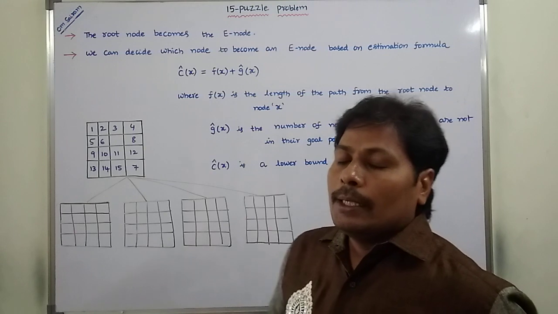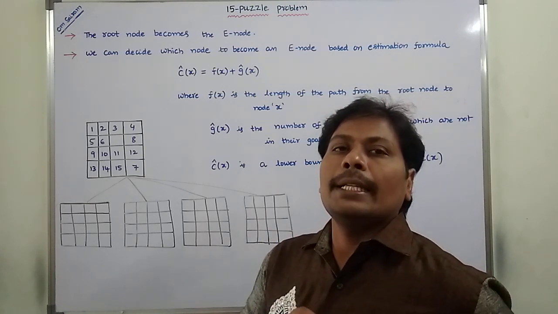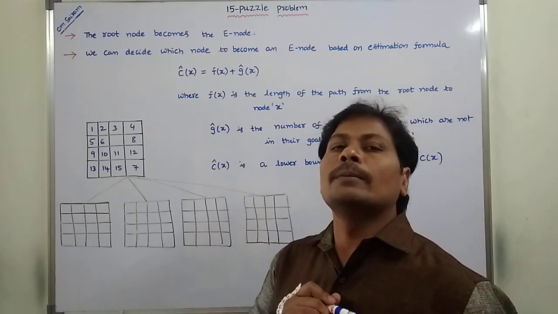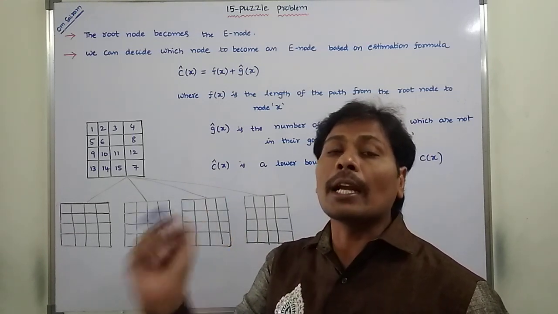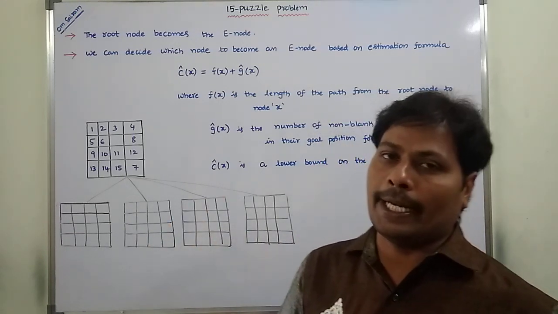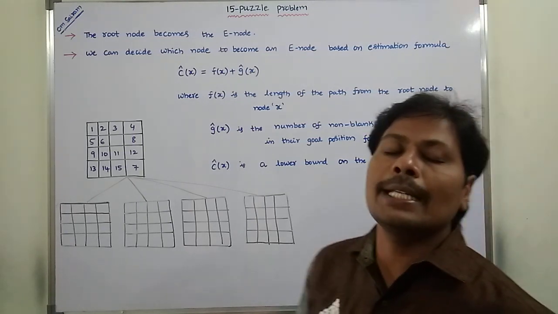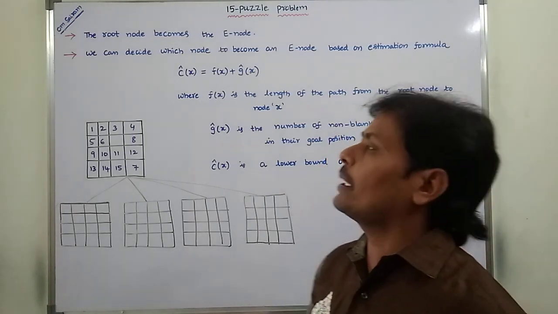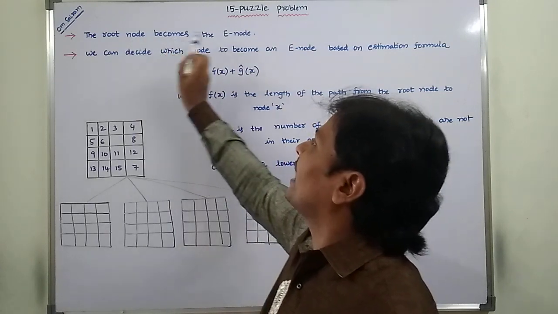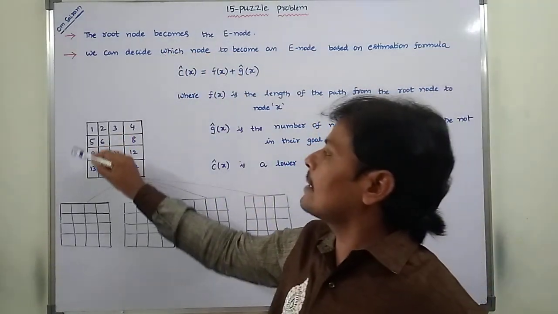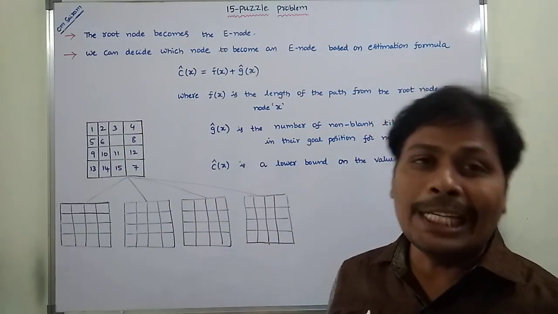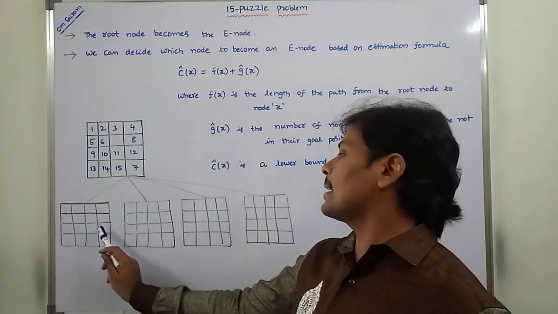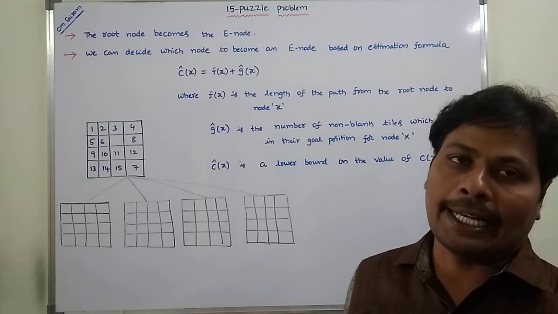An E node is a live node: that node is just created and its children are also generated, so that node is called an E node. Now the root node becomes the E node. This root node is the E node because its children are already generated.